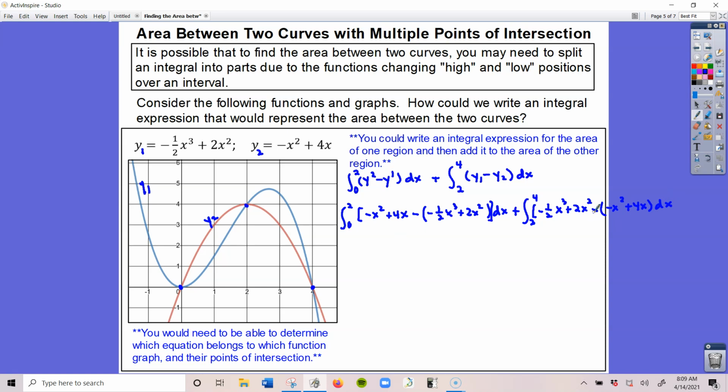Now let's actually do the subtraction here. This is the integral from 0 to 2.